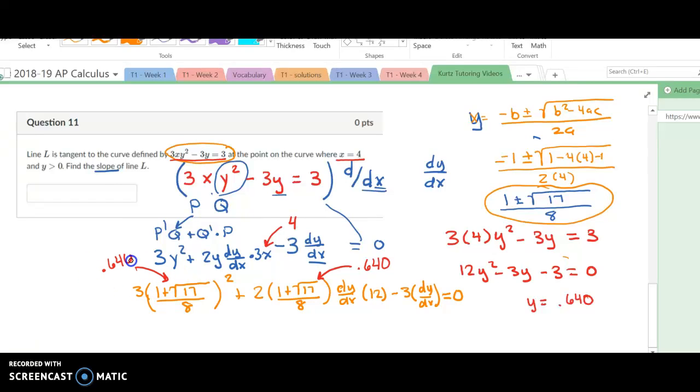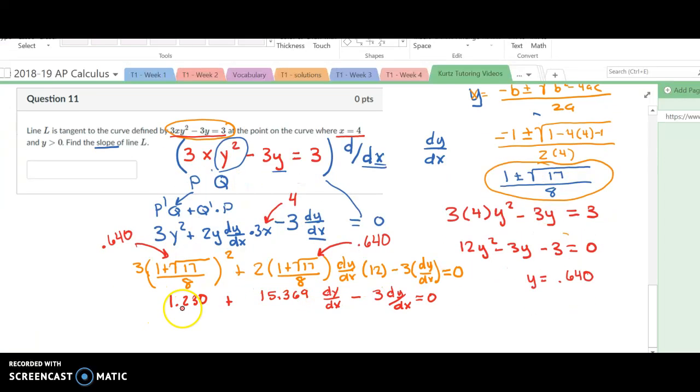Same thing here. Now as we continue on with some of the algebra, I plugged in all these numbers. Again, make sure to check my arithmetic. And so when you subtract 3 from 15, you should get 12.369. dy dx equals negative 1.23.